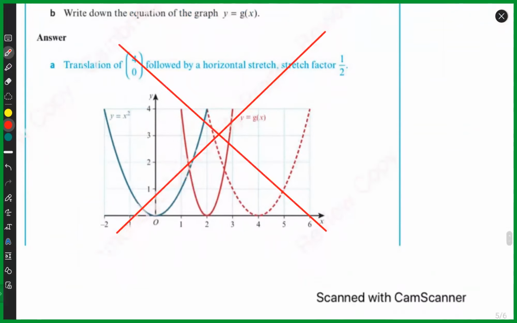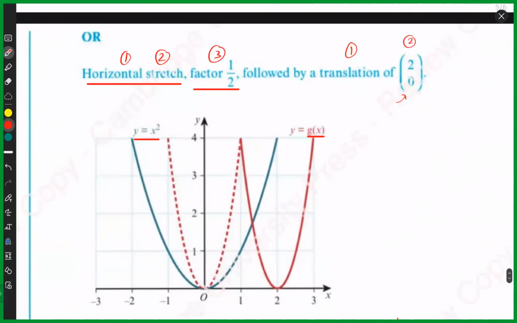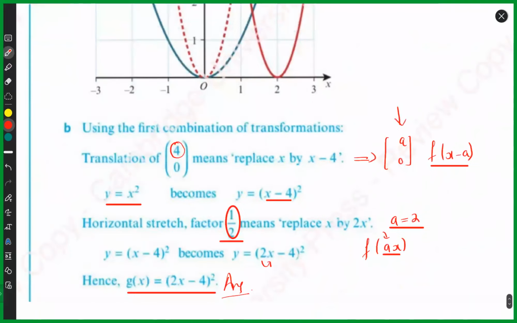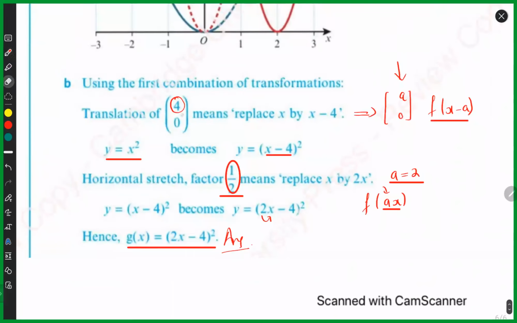If we talk about our scenario, it would be 2, 0 and 1 by 2. We can write down 2 here. That's perfectly fine. And then we would have a 2 here, and then here, and then here, and then here. Okay, miss. Yes. Okay. All right.